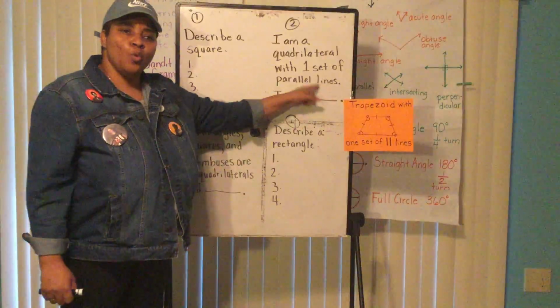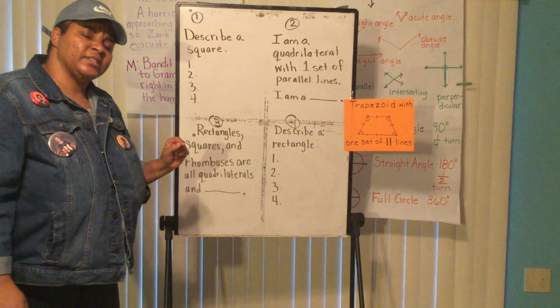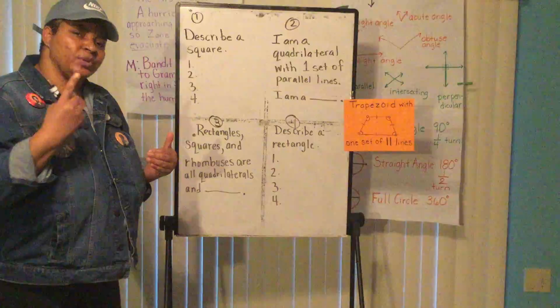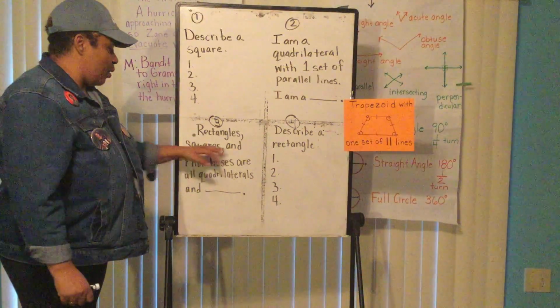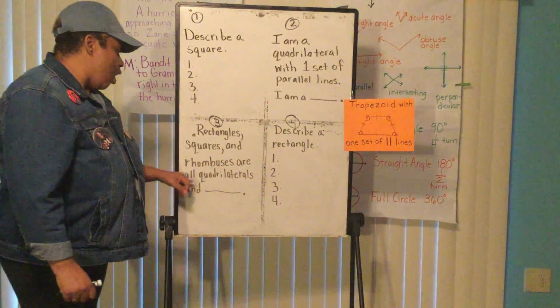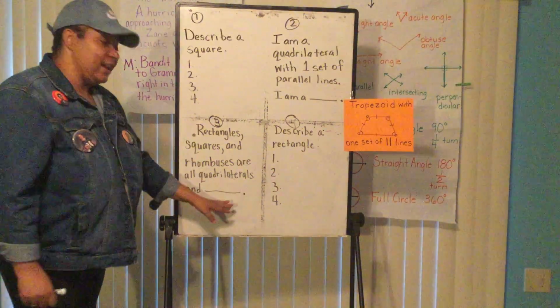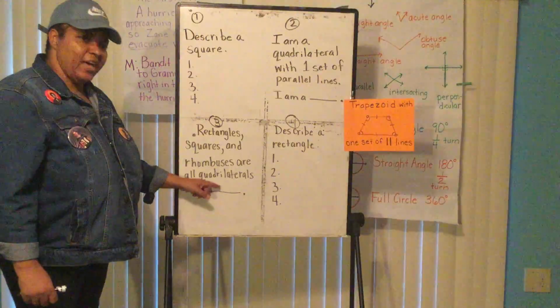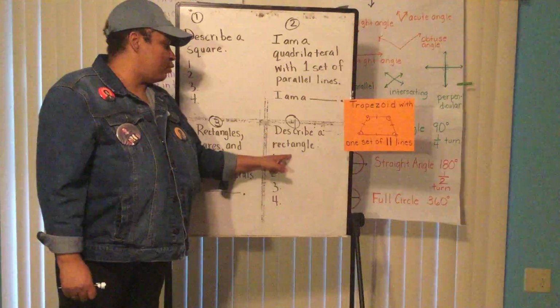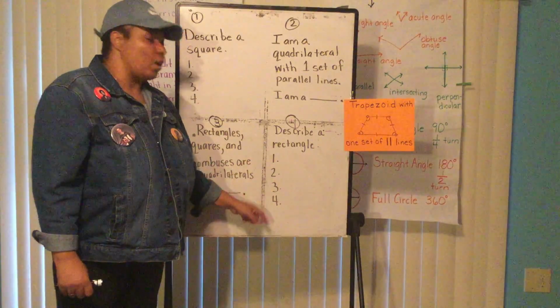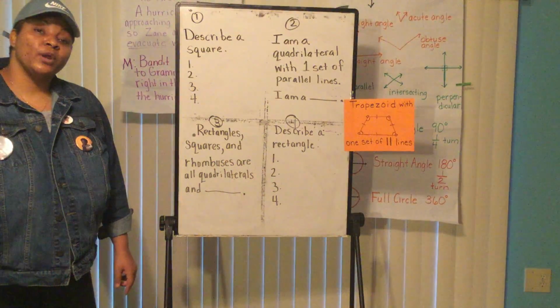I am a what? Which quadrilateral did we discuss that only has one set of parallel lines? Number 3, rectangles, squares, and rhombuses are all quadrilaterals and blank. Fill that in. The next one, number 4, describe a rectangle. 1, 2, 3, 4. 4 ways to describe a rectangle.